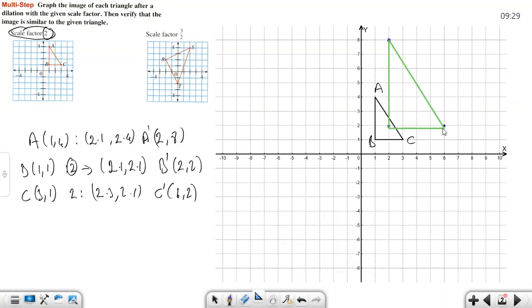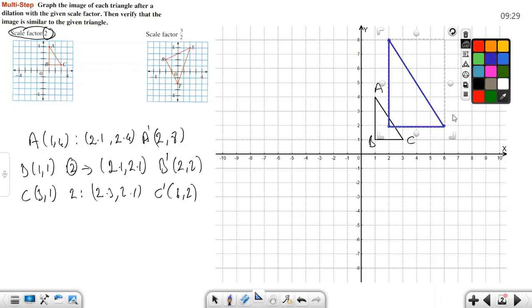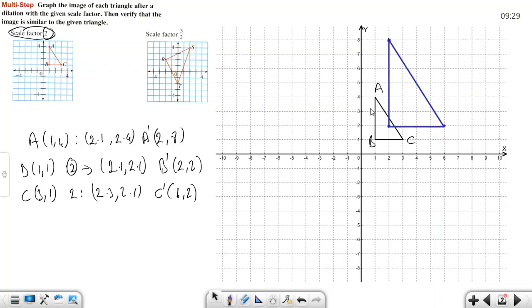Now this is the new triangle. Let's change the color to blue. The first one, ABC, is the pre-image, and the new A, B, C are the points after the dilation. The image is larger than the pre-image, so with scale factor 2, it must be enlarging.